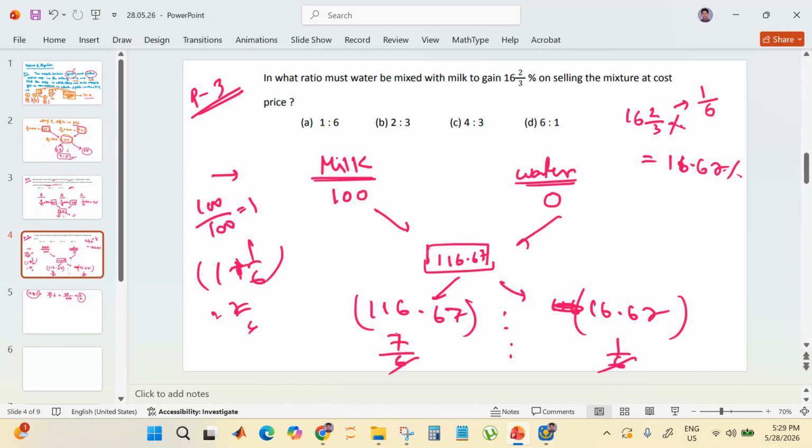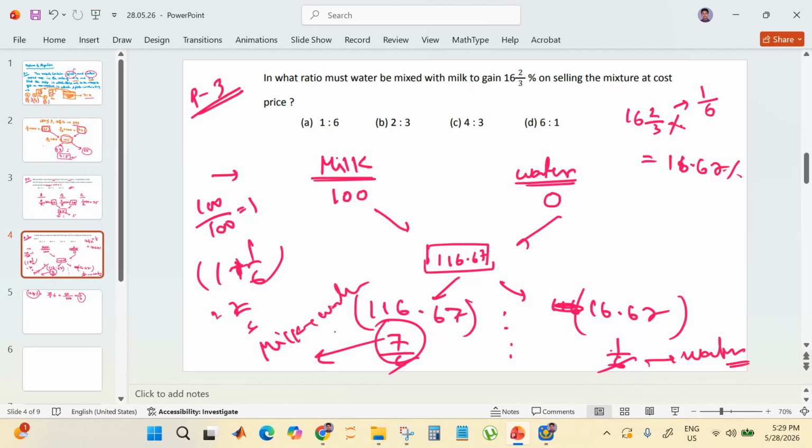But remember one thing, this question has a problem, because initially I have considered water as having no price, but it is not mentioned in the question. So this 7 is to 1 actually means the 7 part contains milk plus water, and this 1 is only water.